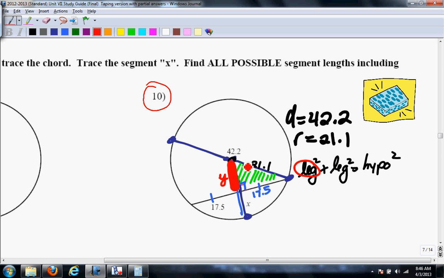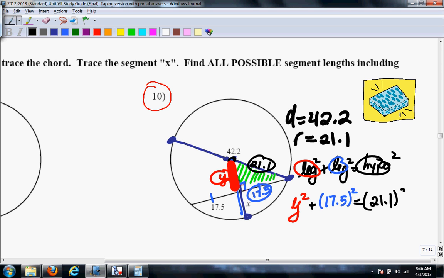My first leg is going to be that segment y, so I'm going to come around y squared plus the other leg, 17.5 parentheses squared equals the hypo 21.1 squared.